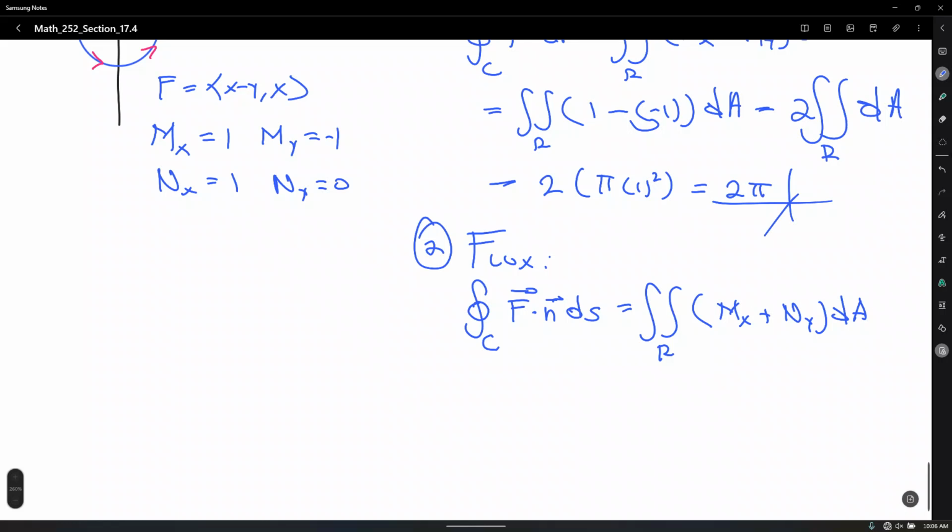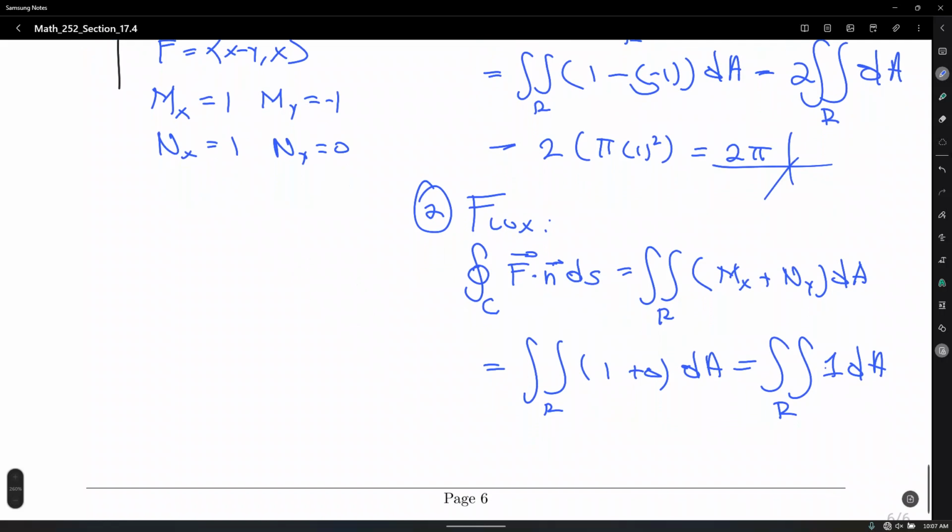With respect to x that is 1, and with respect to y, 0. So 1 plus 0, the double integral of 1 dA over the region R. What is that equal to? Pi times 1 squared, the area of the unit circle, which is pi.